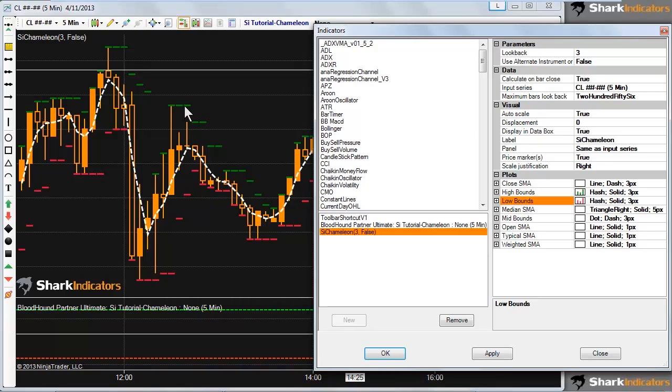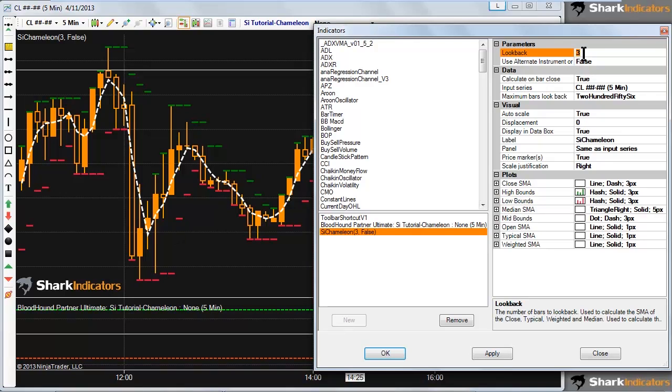As the high price steps down, on this bar, if we look back 3 bars, this was the highest high. On the next bar, looking back 3 bars, this is the highest high. The same goes for the lows: on this bar, looking back 3 bars, here's the lowest low being marked, and so forth.